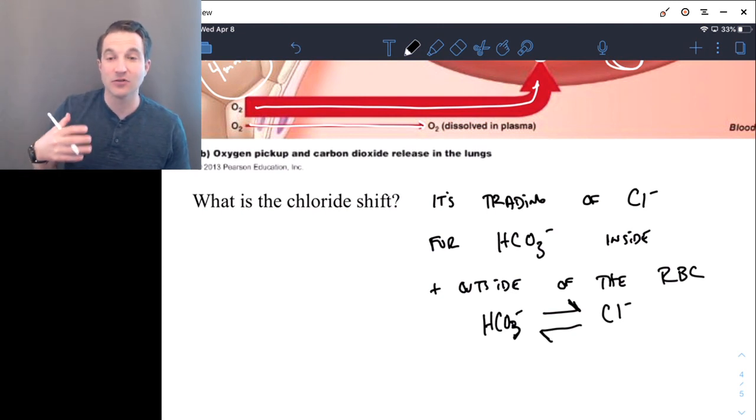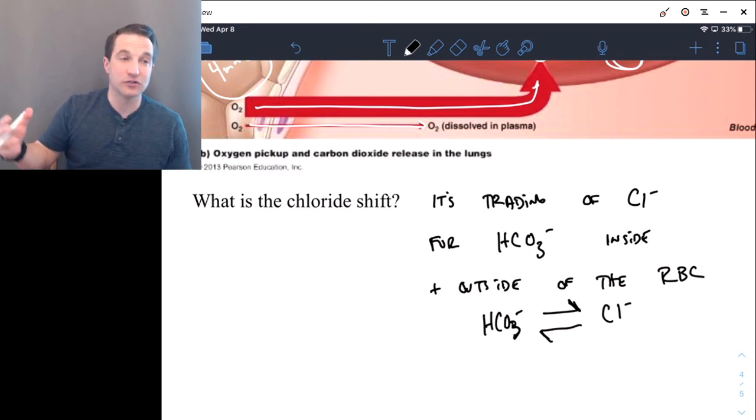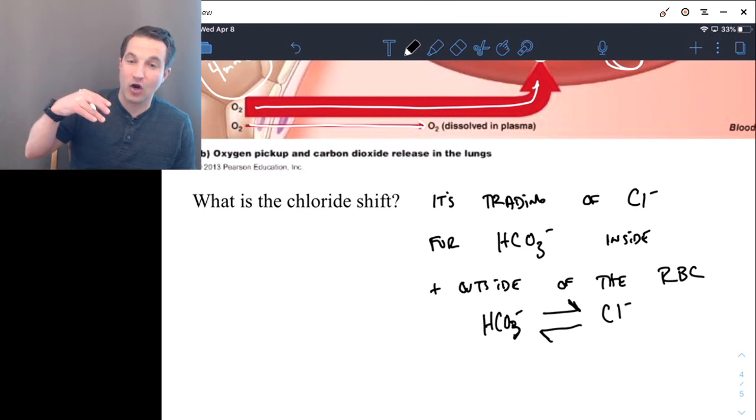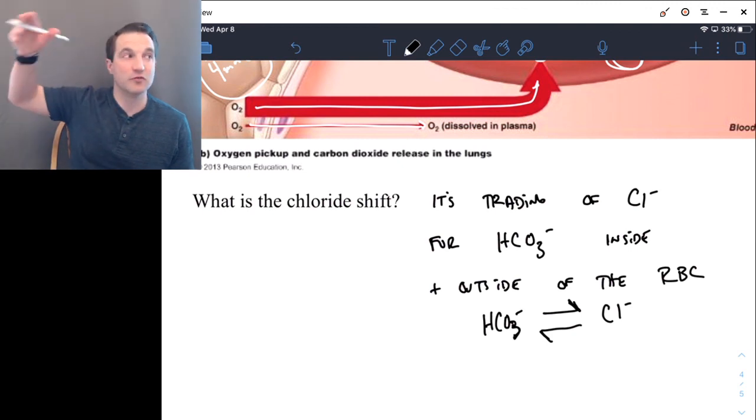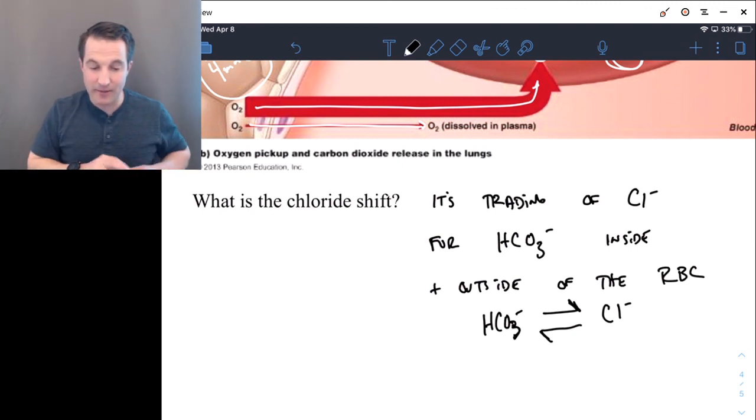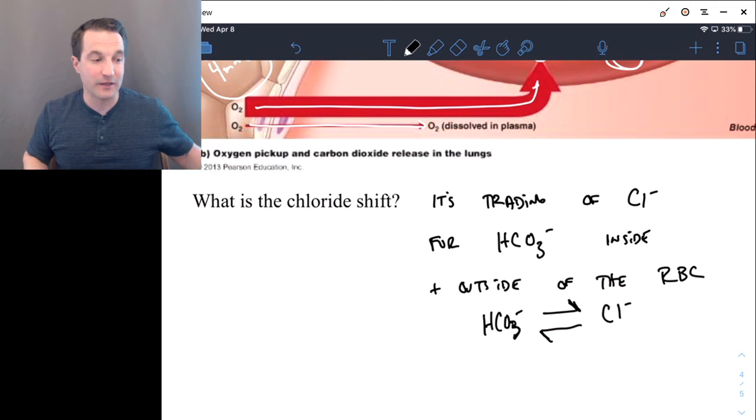Then if we're back at the lungs, we're going to be having to move that carbon dioxide out of solution through the red blood cell, and therefore we're bringing that bicarbonate, which is negatively charged, into the red blood cell, and therefore that chloride is going to move out. So that about covers the rest of our oxygen dissociation curve, the rest of our carbon dioxide transport.